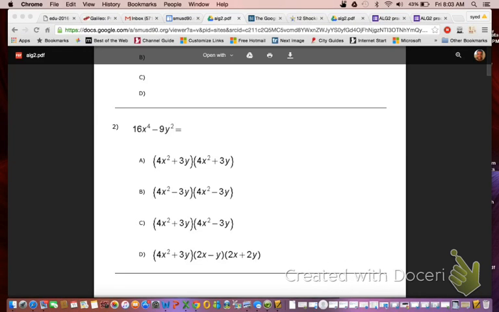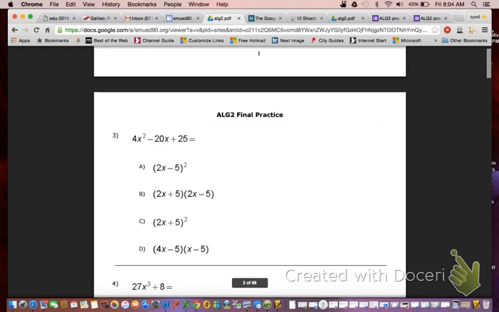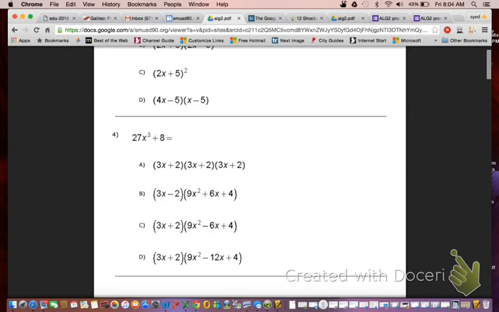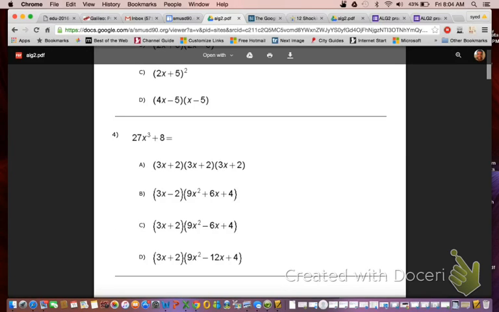Okay. Again, for 3 you want to multiply out, for 4 keep multiplying out. So you try number 4. Let's try choice C, see if that works. So 9x squared minus 6x plus 4.